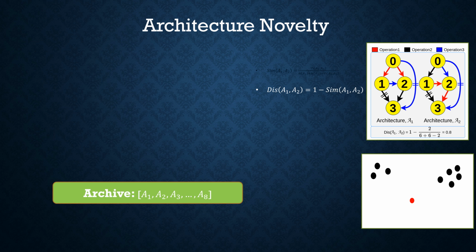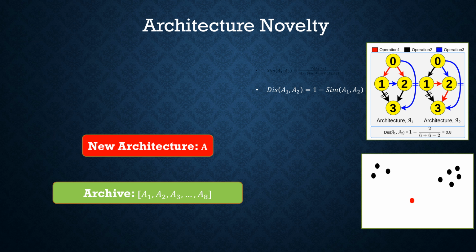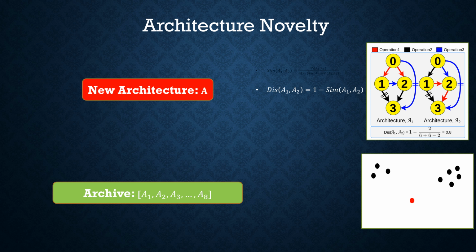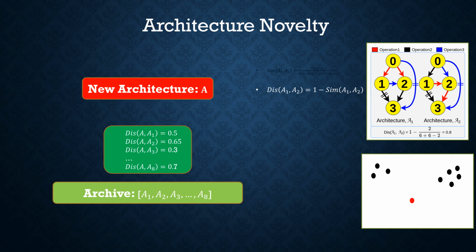The first step is to have an archive of already explored architecture. Now we want to measure how novel a newly discovered architecture A is with comparison to the archive. This is done by first calculating the dissimilarity of new architecture A with respect to each architecture in the archive.